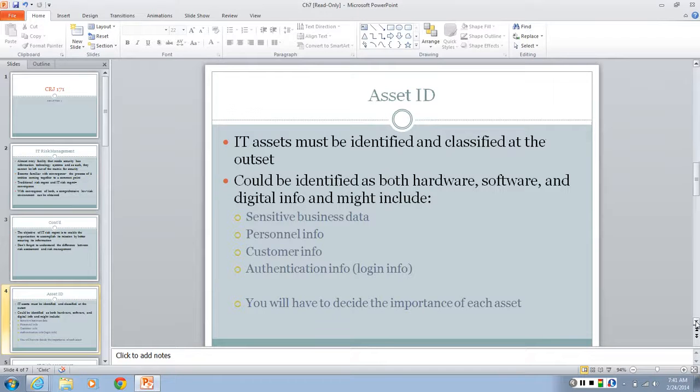Okay, so the first thing we need to do in regard to information technology is to identify the assets. They must be identified and classified the same way we identify and classify assets of any other type for the facility that we've already talked about. Whether it be in the physical location, what are the physical things that we consider big assets?